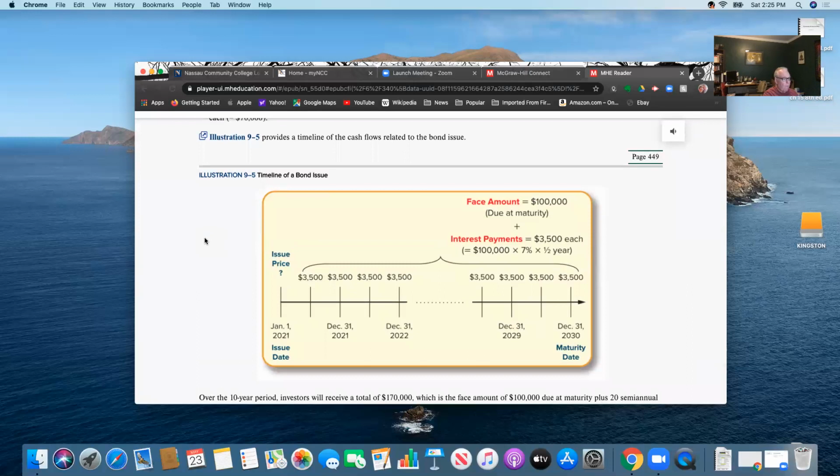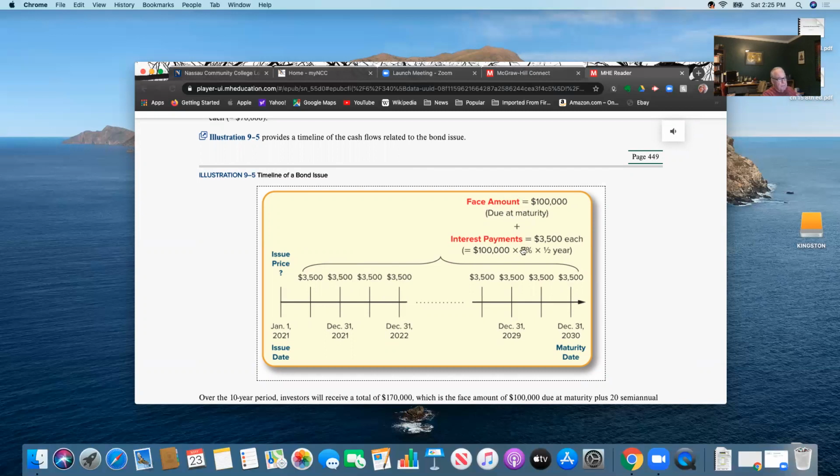Now here, this is typically what a bond looks like. They're giving you a timeline. Face amount, that's the amount that's due at maturity. In this case, it was $100,000. In addition to paying back the $100,000 at maturity, the company is required to make periodic payments of interest.